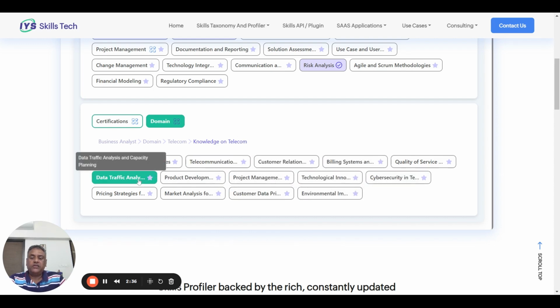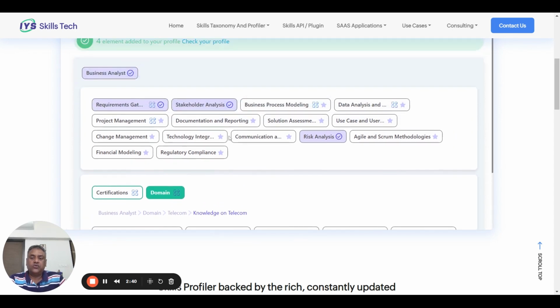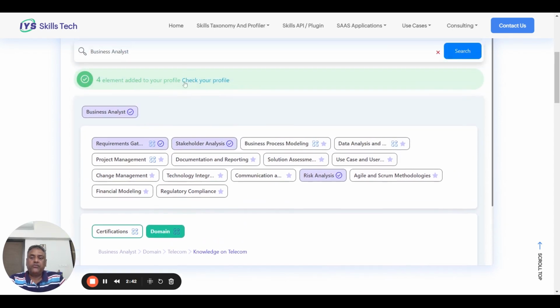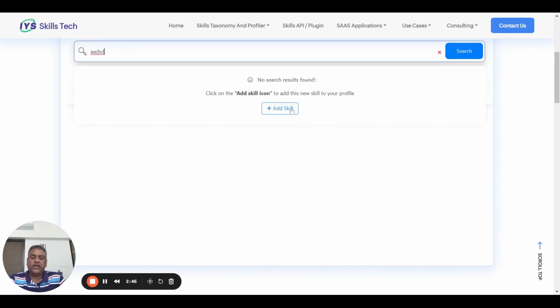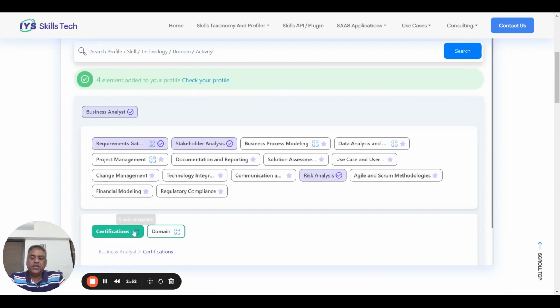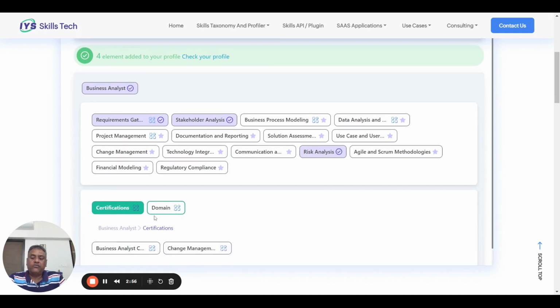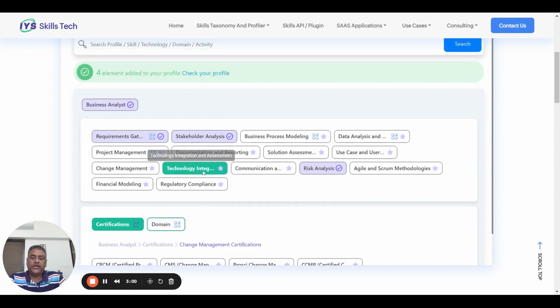Whenever there is something which is not there and somebody wants to include it, that is also possible by entering the particular skill which may or may not be there. They can add those skills to the particular area. Then we also have the certifications. Like this, we can capture the various aspects of the particular position, role, or for the individual.